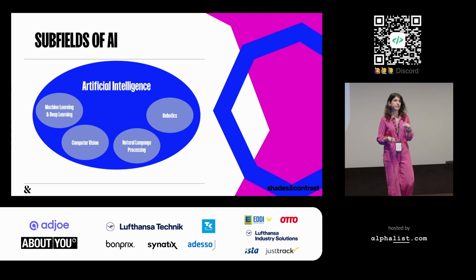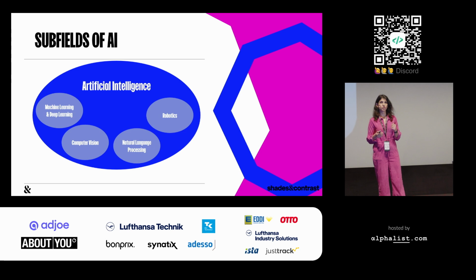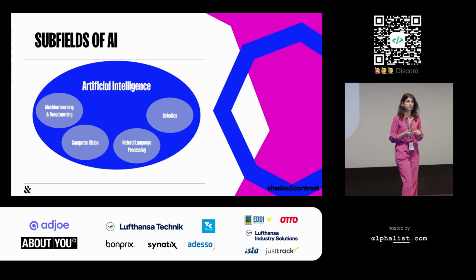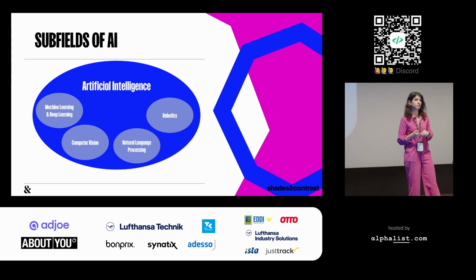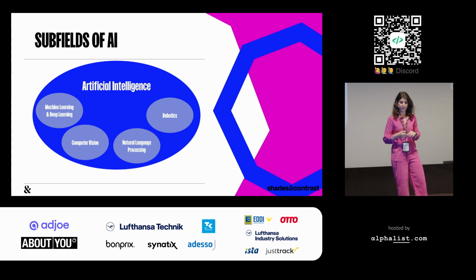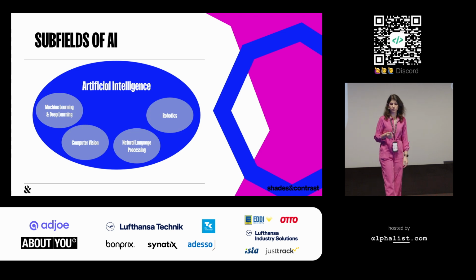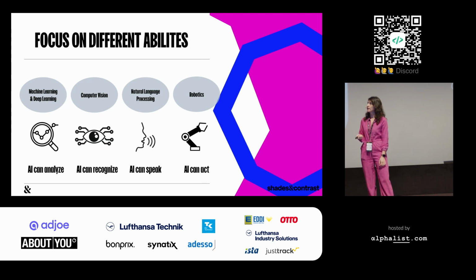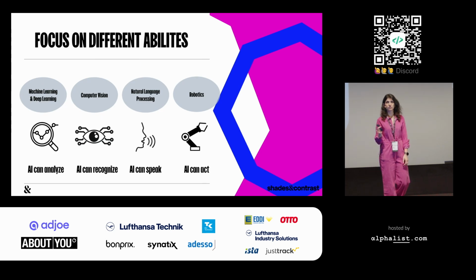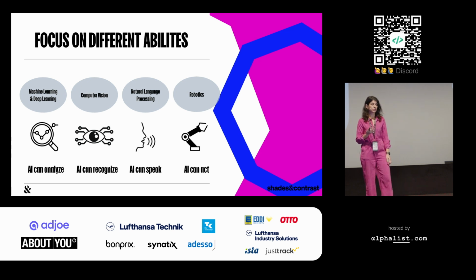But in AI, there are different subfields. Subfields you may know, like machine learning and deep learning, which are already a lot in use on the market. We have computer vision, which is consuming images. Then we have natural language processing and robotics. These AI subfields are focused on different abilities of human behavior.